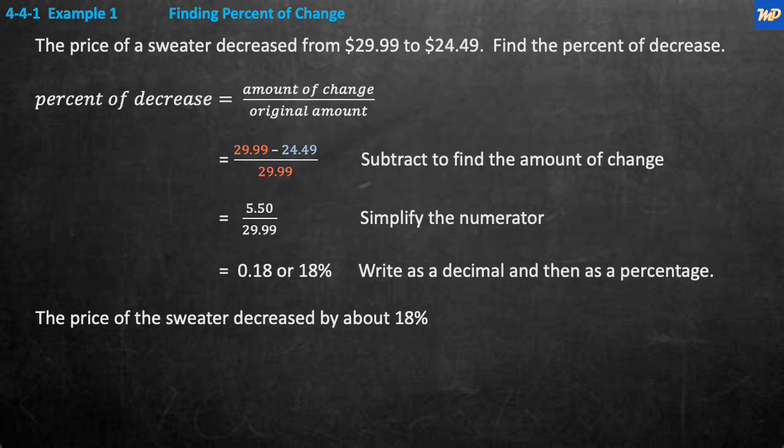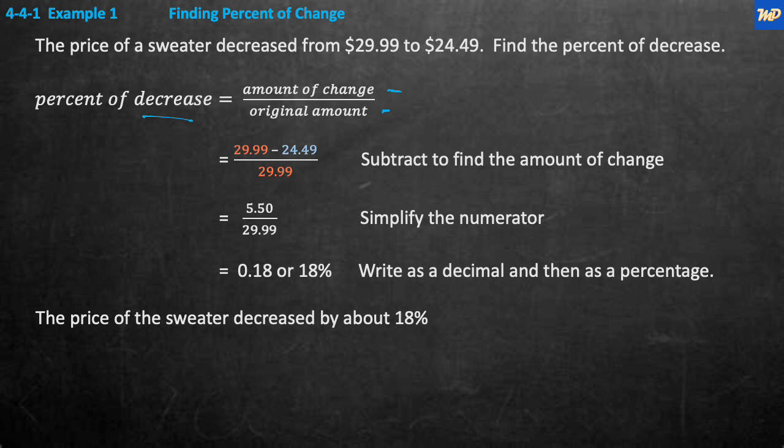Example 1, finding percent of change. The price of a sweater decreased from $29.99 to $24.49. Find the percent of decrease. So the percent of decrease is the amount of change over the original amount.